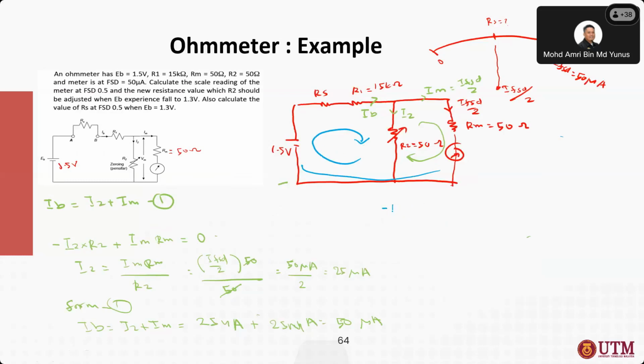So we have negative 1.5 plus IB multiplied by RS plus IB multiplied by R1 plus I2 multiplied by R2 equivalent to 0.